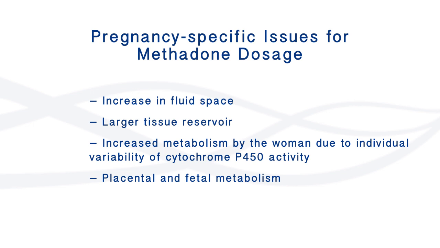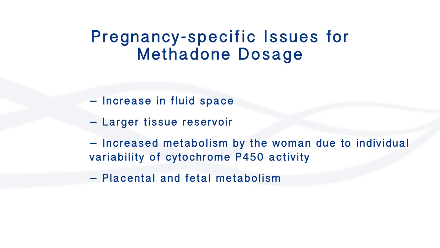And there appears to be some increased metabolism by the woman due to variabilities of cytochrome P450 activity, which is responsible in large part for the metabolism of the opiate. And then, of course, you have to consider during pregnancy that there is some level of placental and fetal metabolism of the methadone. So all of this has led over the years to higher and higher doses of methadone being used during pregnancy.